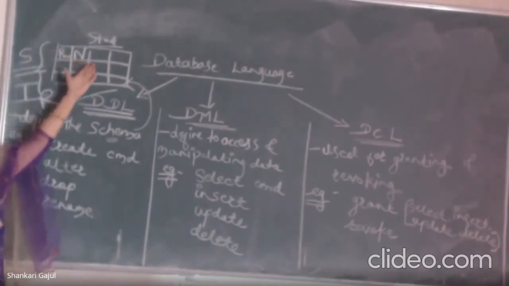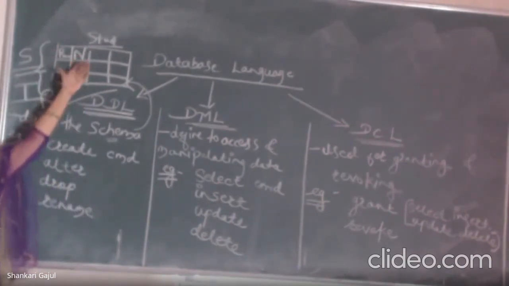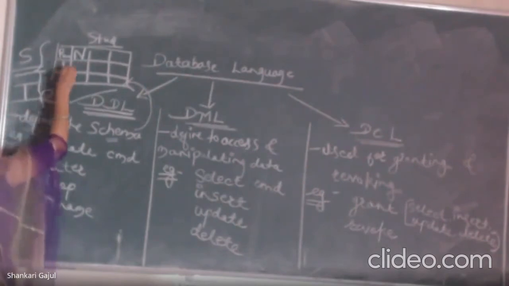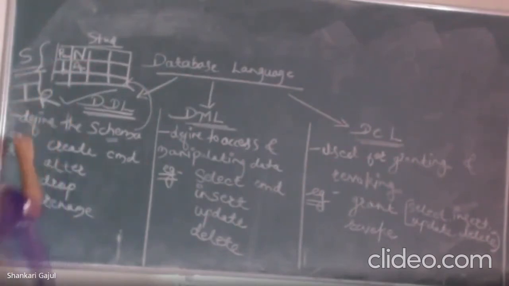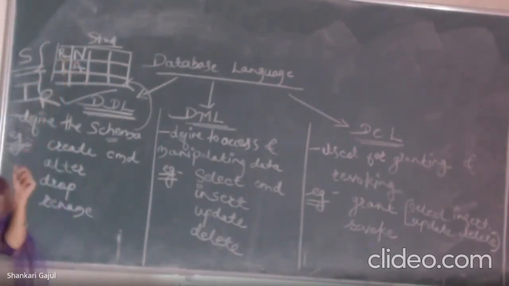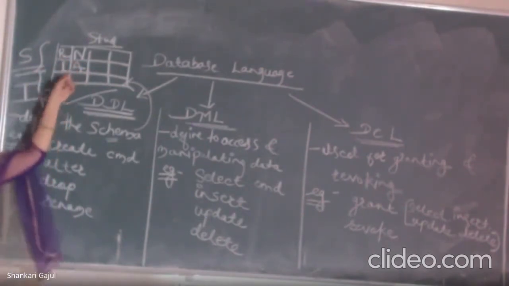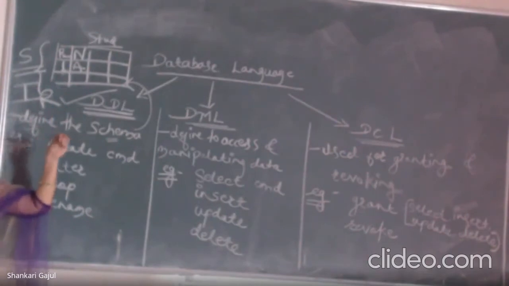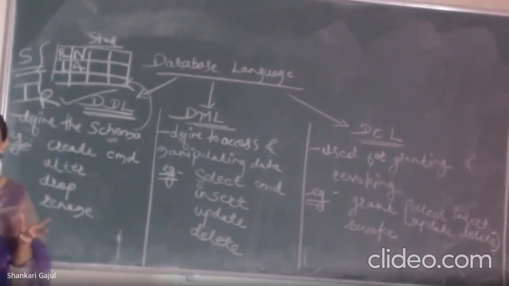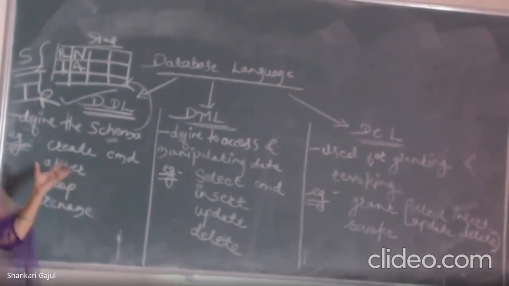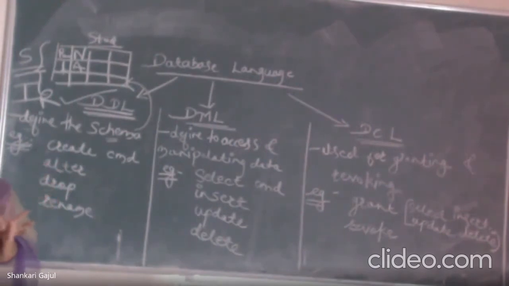These are the record names, and the actual values we insert into the database are the records. So the schema consists of the overall structure of the database, where the columns hold the record names, and the rows hold the actual records.